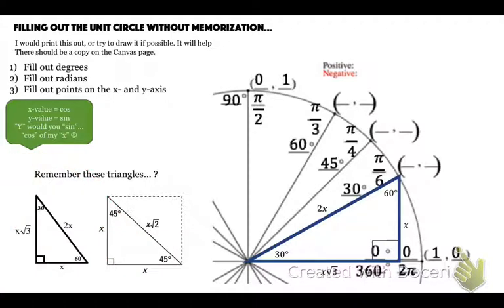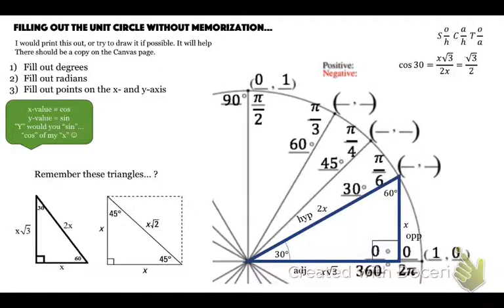And if I know that the x value is cosine, and I'm using that angle, we have to use SOHCAHTOA. So we can label our sides opposite, adjacent, and hypotenuse. First, I'm going to find the cosine of 30, because cosine of 30 is your x value. So cosine of 30, that's adjacent, which is x square root of 3, over hypotenuse, which is 2x.